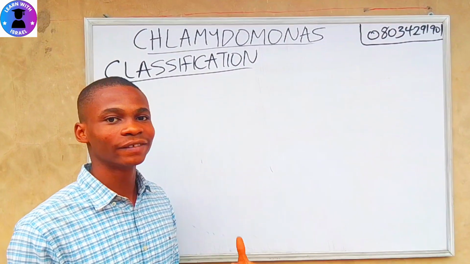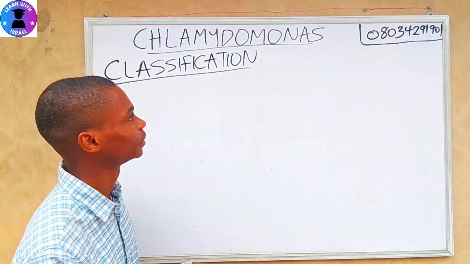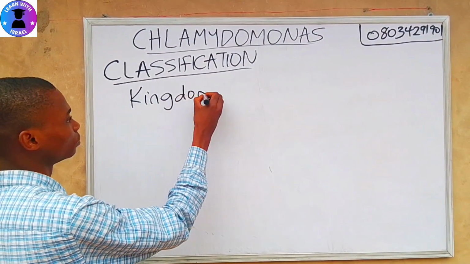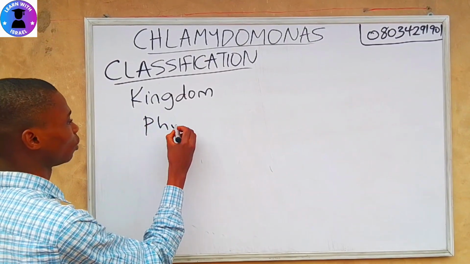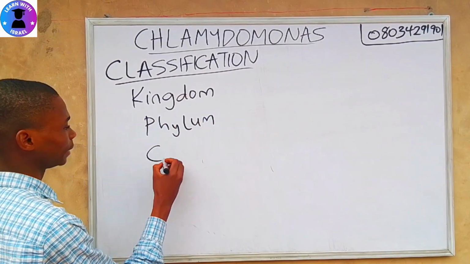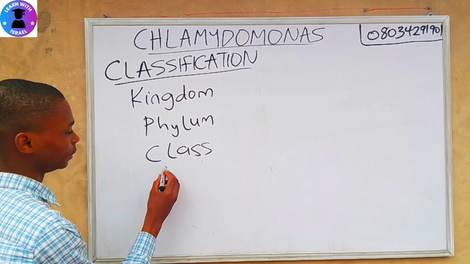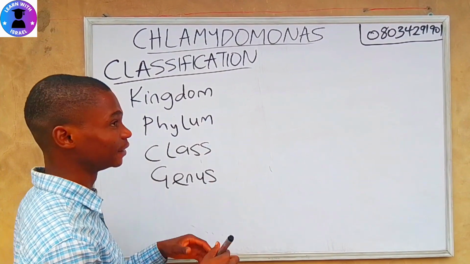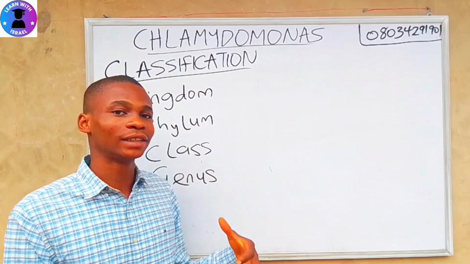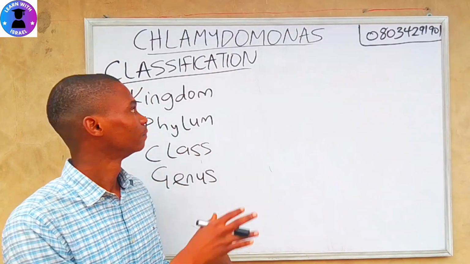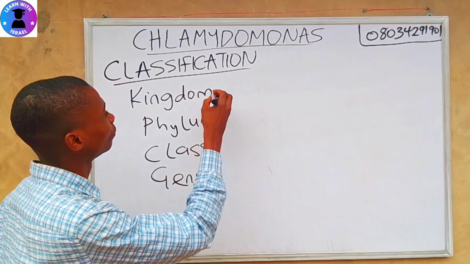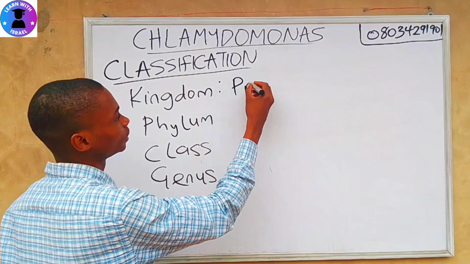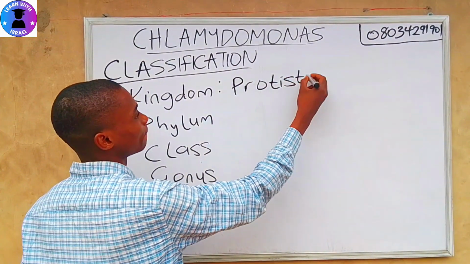Let's dive into the classification of Chlamydomonas. For the classification, we have its kingdom, the phylum it belongs to, the class it belongs to, and the genus. The genus means the name of that particular organism. Chlamydomonas belongs to kingdom Protista.